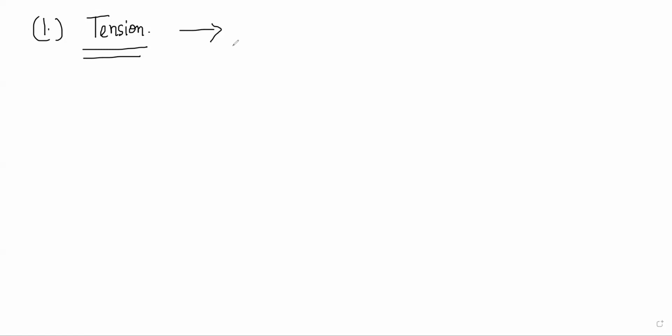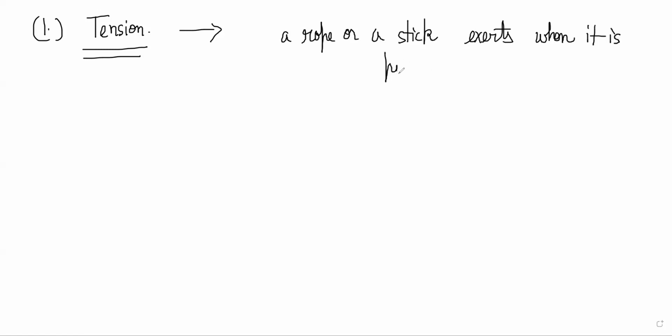Tension force is the general name that you give to a force that a rope or a stick exerts when it is pulled on. So tension is the force that a rope or a stick will exert when it is pulled on.